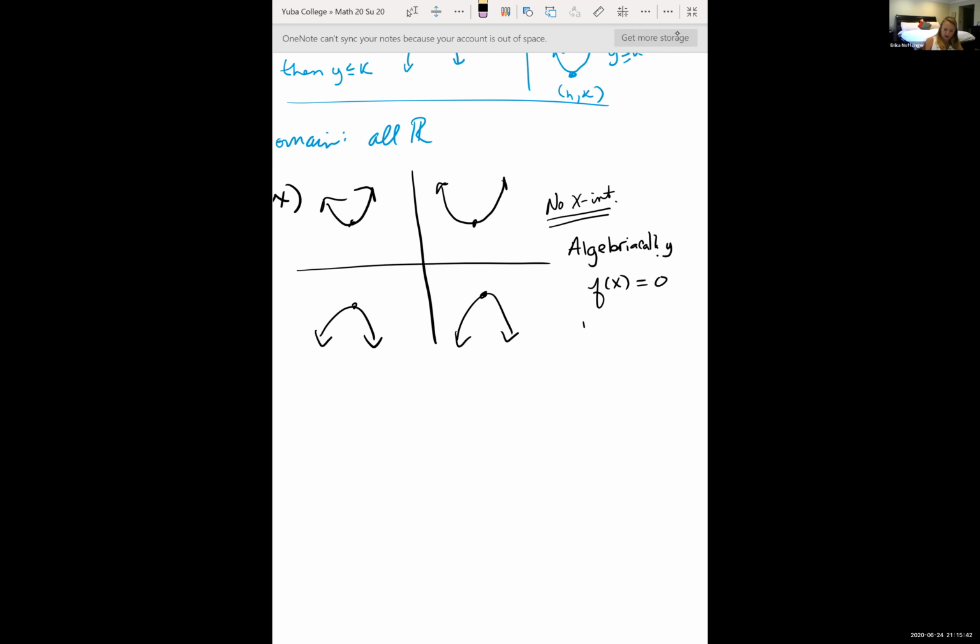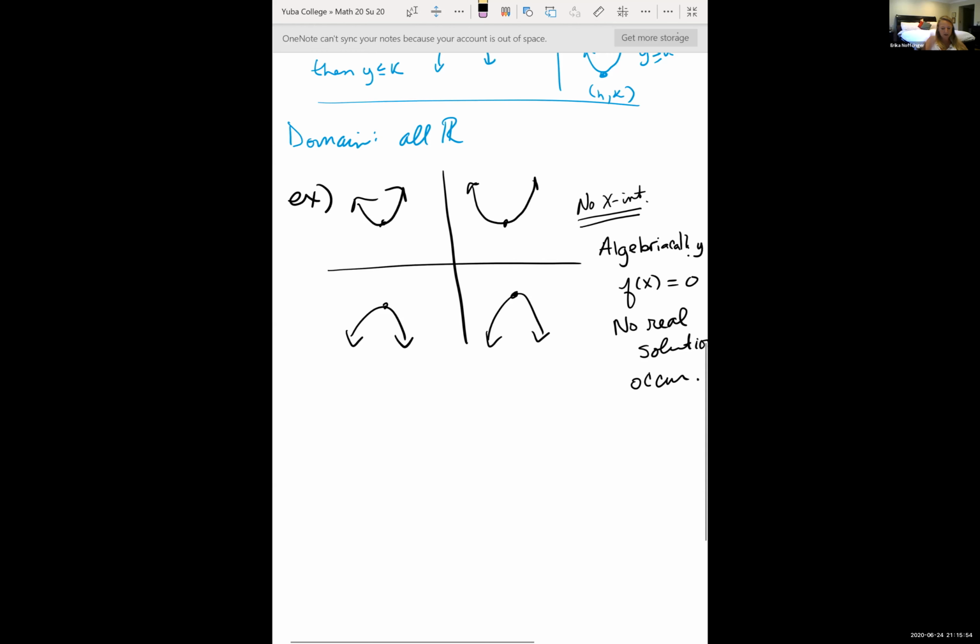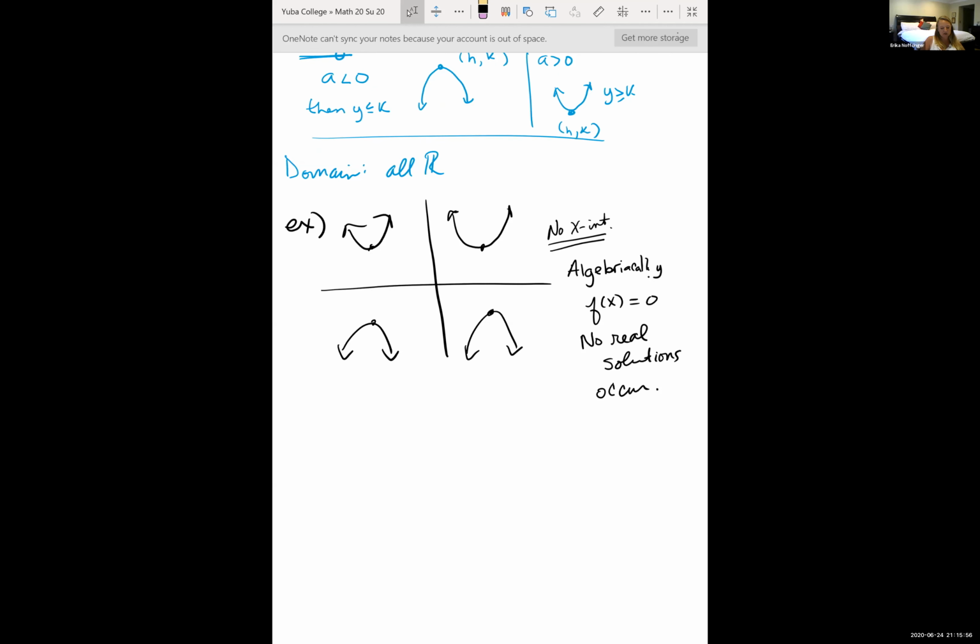So there will be no real solutions when you solve. So again, being able to determine where your vertex is and what direction it's facing, you can possibly save time going through the work to find the x-intercept. So for a test though, if you didn't do the algebra, you would just explain why.